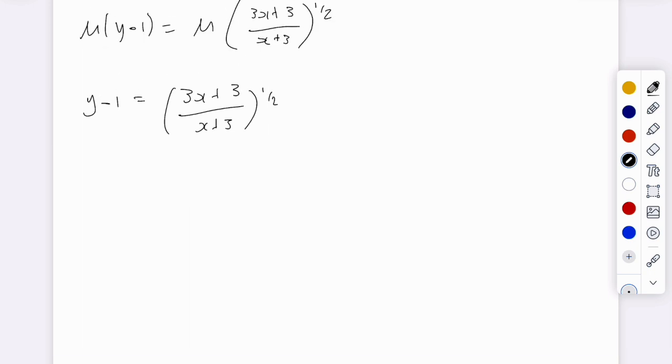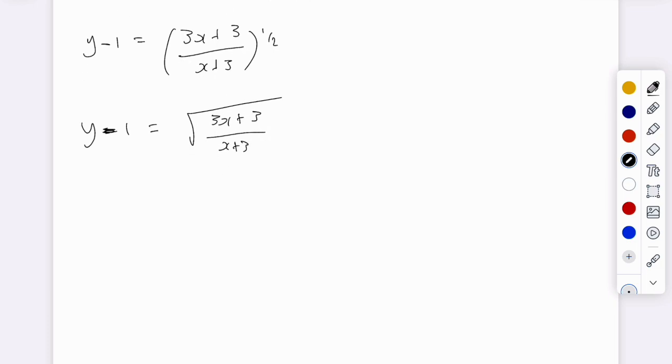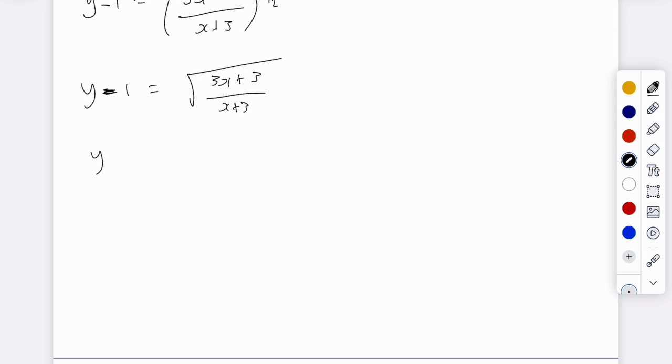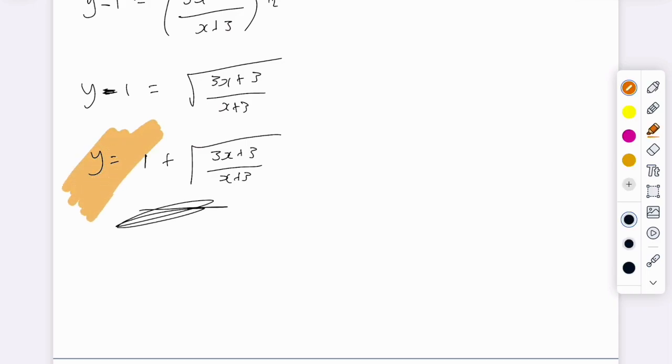Which tells me that y is going to equal 1 plus ((3x plus 3) over (x plus 3)) to the power of a half. And that, guys, is going to be the final answer to that question.